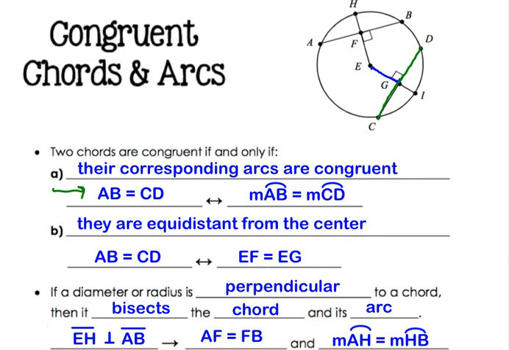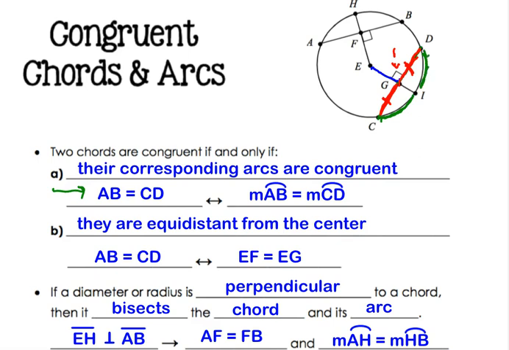Well, we should all know by now that this right angle means perpendicular. Well, that means it's cutting CD in half, so CG is congruent to DG, and it would also cut our big arc in half, so then I would know CI is congruent to DI.